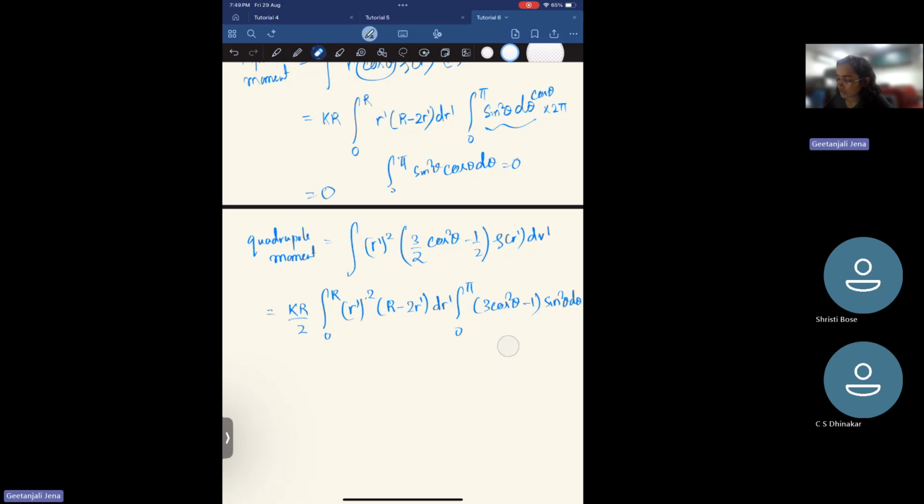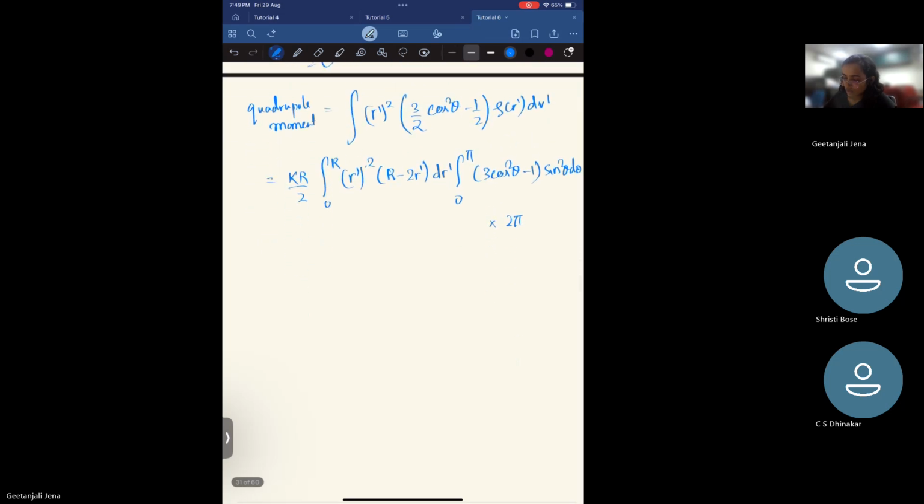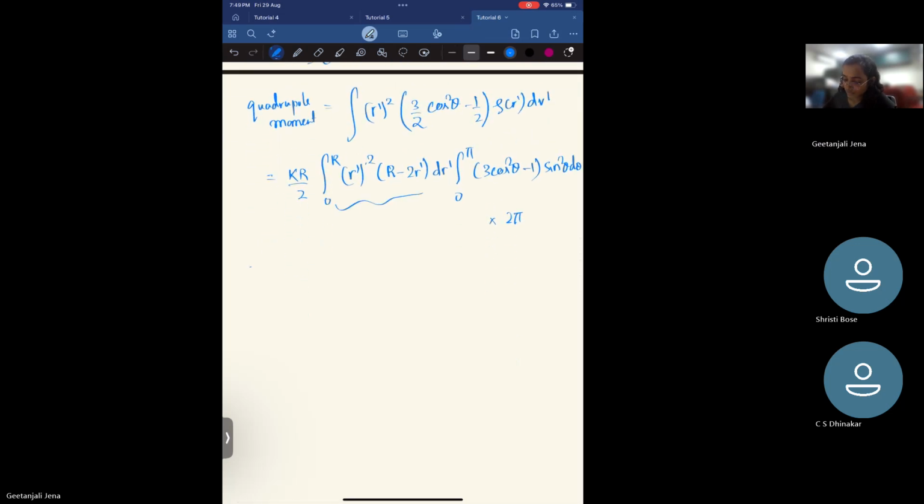For the first one, the integral from 0 to R of r prime square (R minus 2r) dr prime, you will get R to the power 4 by 6.